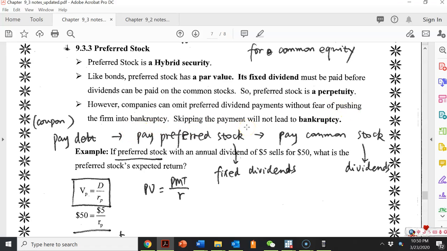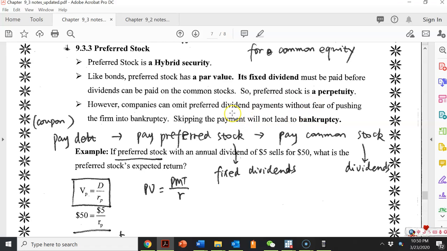Skipping the payment will not lead to bankruptcy. So it has the bond feature that we get paid at a fixed dividend, at a fixed level. Just like when you receive coupons from a bond, you have par value and fixed dividends for preferred stock.